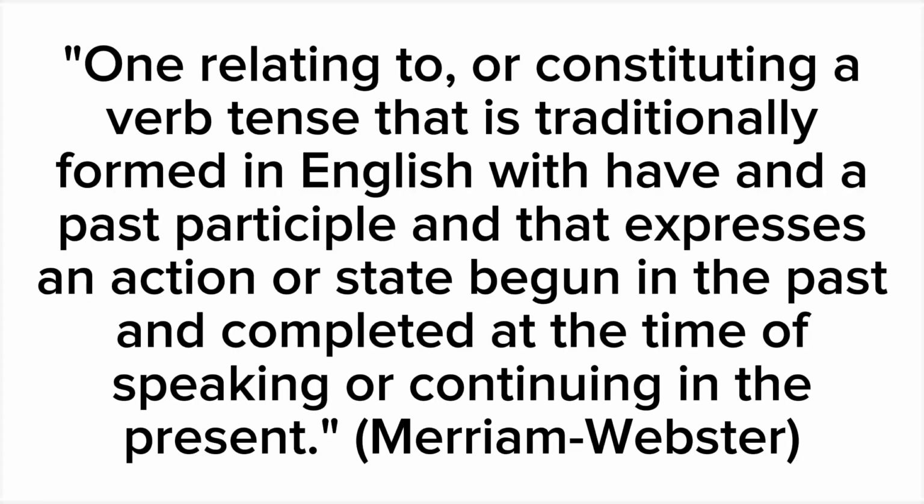Merriam-Webster Dictionary defines present perfect tense as one relating to or constituting a verb tense that is traditionally formed in English with have and a past participle, and that expresses an action or state begun in the past and completed at the time of speaking or continuing in the present.